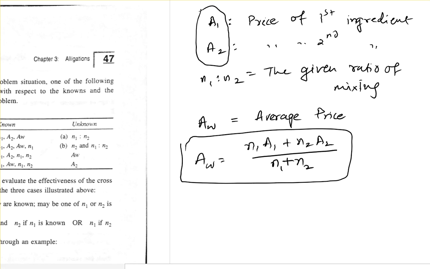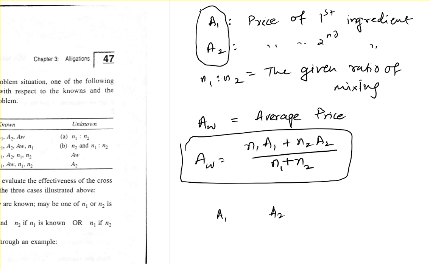But if A1 and A2 are different, which is the general case, then conventionally, let us assume for developing the formula that A1 is less than A2. In all questions, the lesser one will be A1 always, and the greater one will be A2.